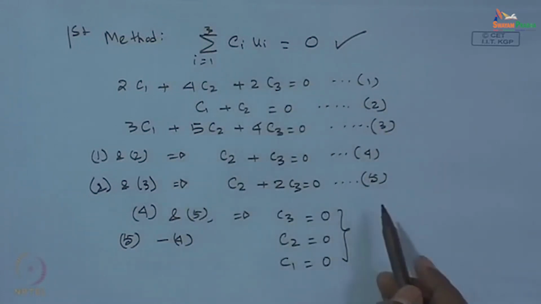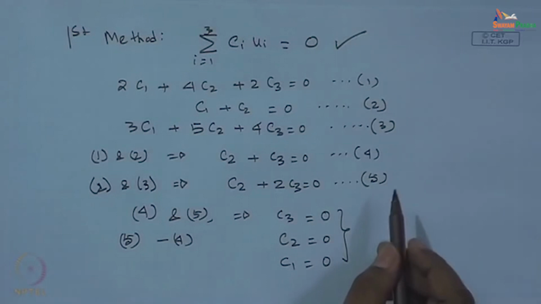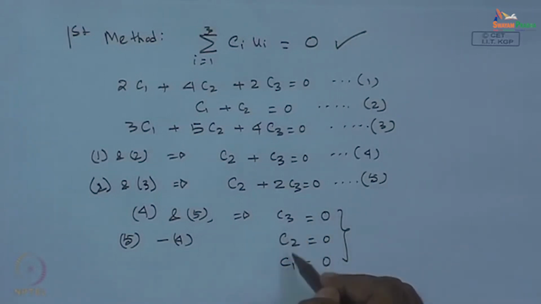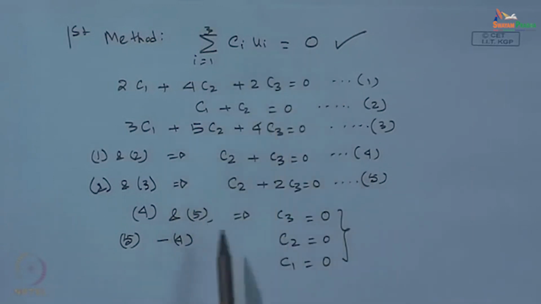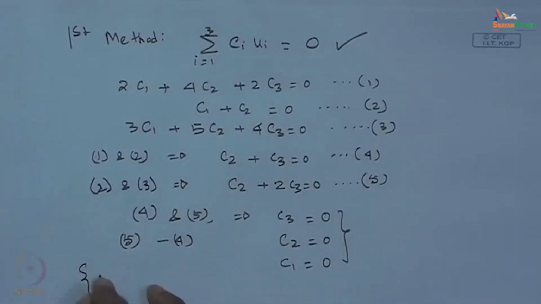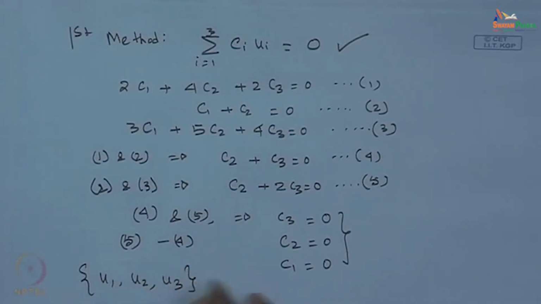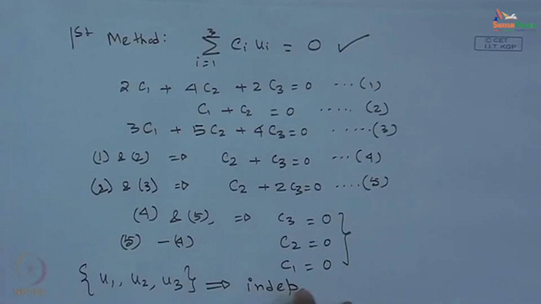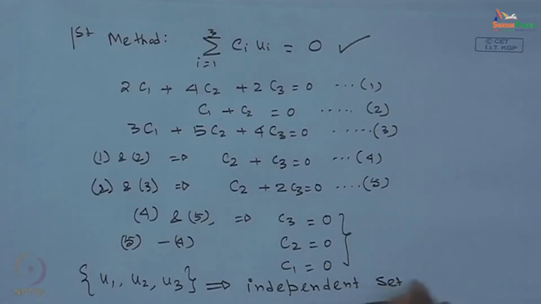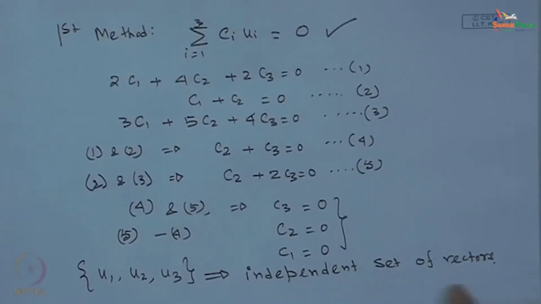There does not exist an infinite number of solutions in this case. Therefore, the set constituted by U1, U2 and U3 is an independent set of vectors. So, that is the conclusion of this analysis.